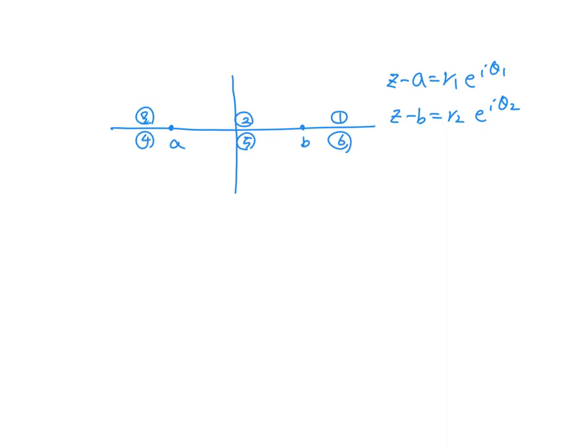So in this region 1, regions 1, 2, 3 are just above the x-axis, and 4, 5, 6 are below the x-axis. So here theta 1 is equal to 0, theta 2 is equal to 0, right?